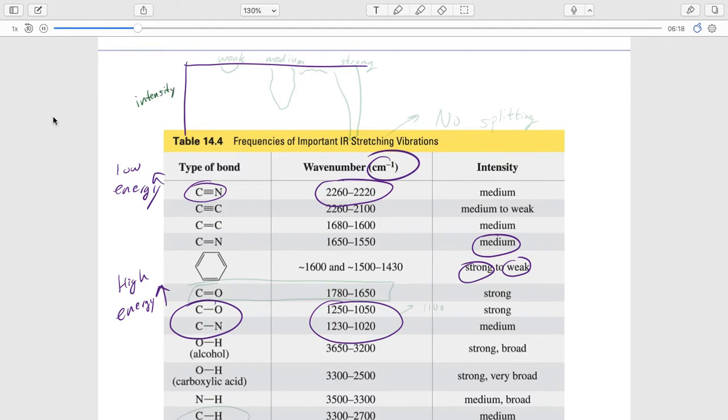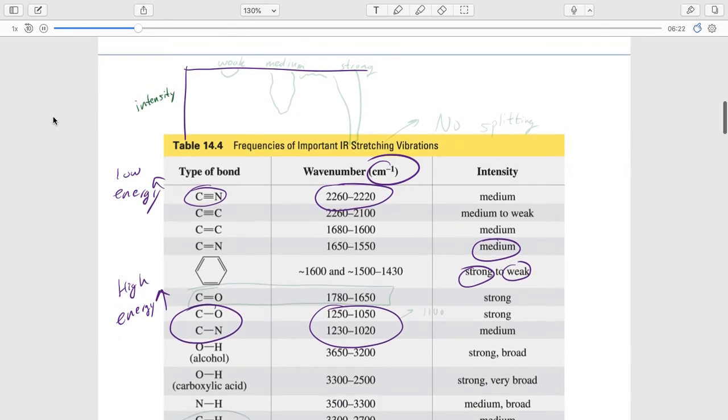This is just to give you a relative idea, so you're not confusing the signals. If you look, there's a lot of overlap between these numbers. These numbers are accurate enough that if you observe, say, a cyanide group, you'll be within that range, but that still overlaps with other things. Hence the reason why we need the relative intensity.